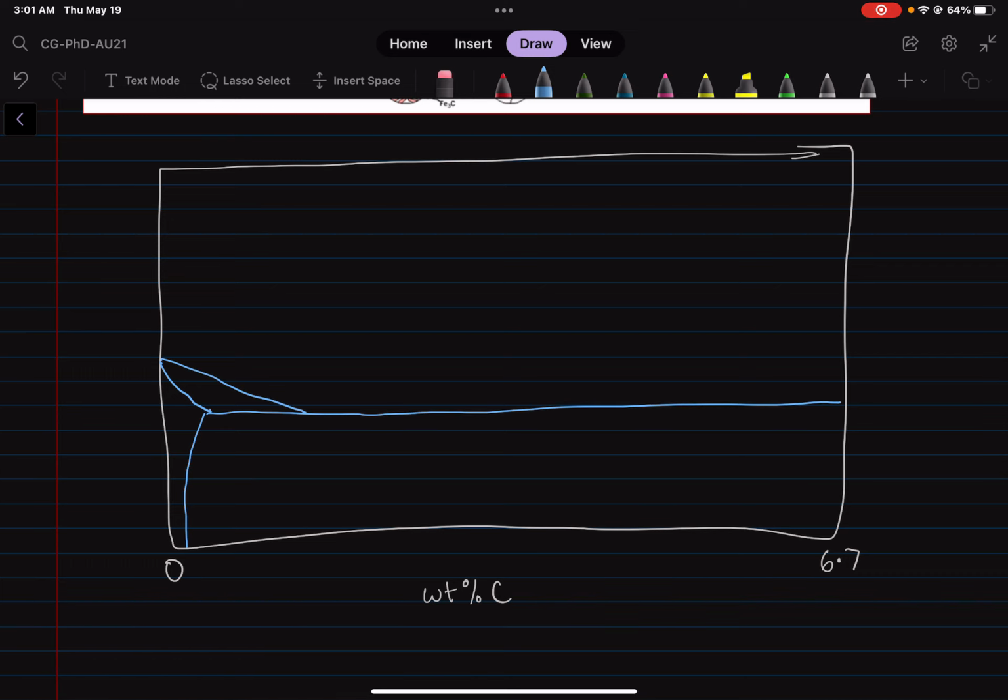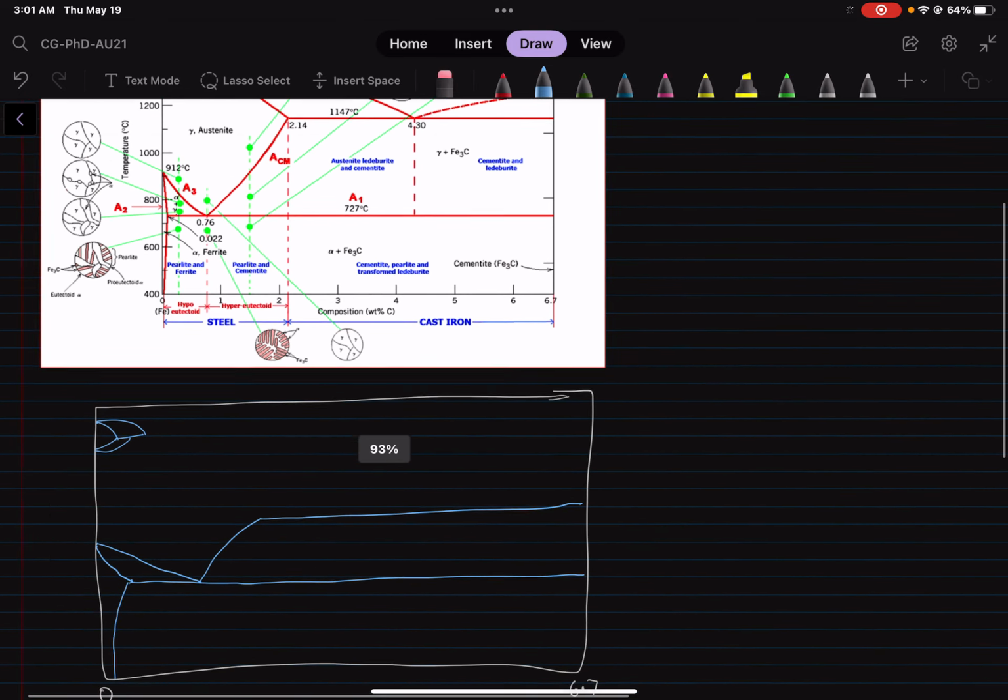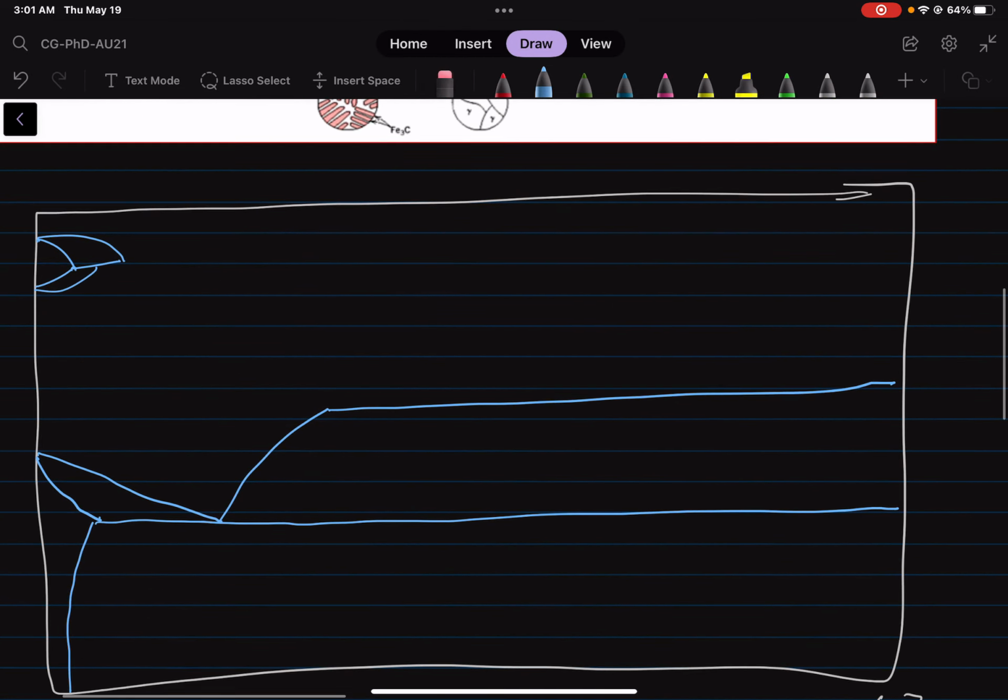We have this line, and then another straight line all the way through. At the top we have this phase of delta, and then this goes up. Let me draw this better.